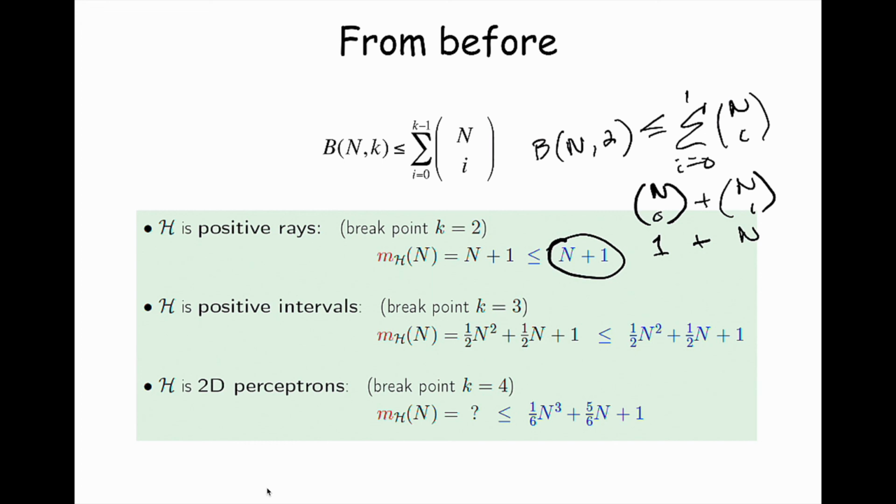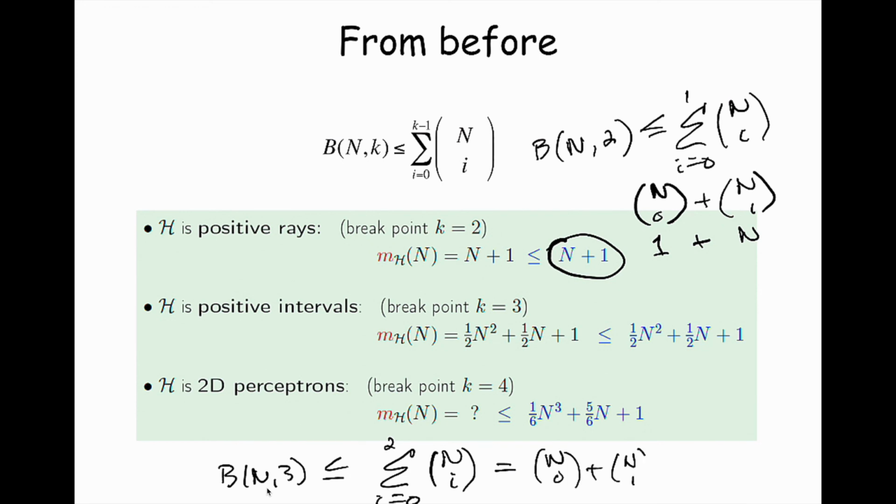Let's do that with the positive intervals. Now, of course, that's going to be a breakpoint of 3, so that's B of n, 3, which is less than or equal to the sum, i goes from 0 to k minus 1, 3 minus 1 is 2, of n choose i. So that's equal to n choose 0 plus n choose 1 plus n choose 2.